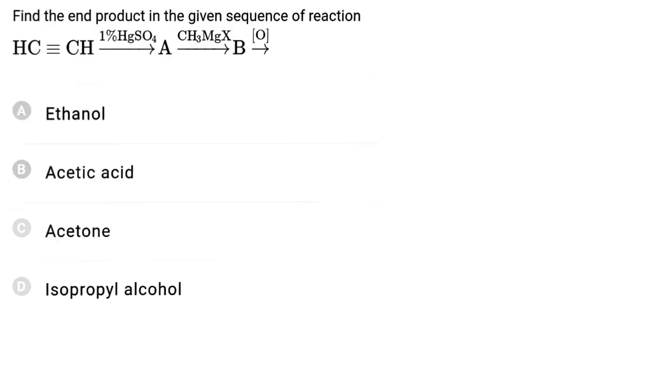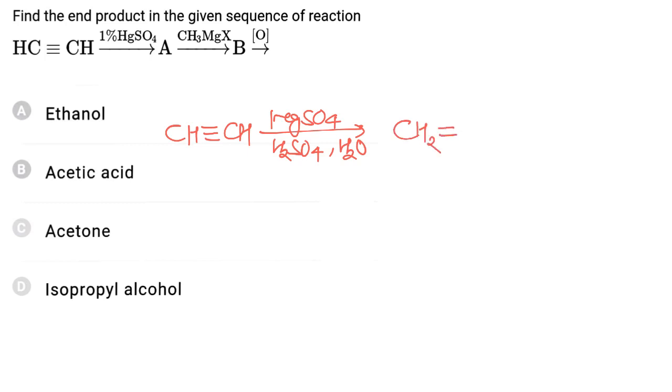In this question we have to identify the end product of the reaction. So when acetylene is treated with HgSO4 and H2SO4 under aqueous conditions, the Kucherov reaction takes place and first it will be converted to an enol.